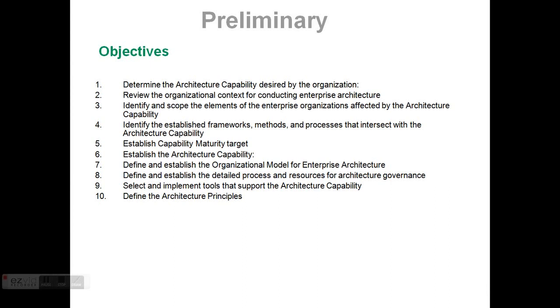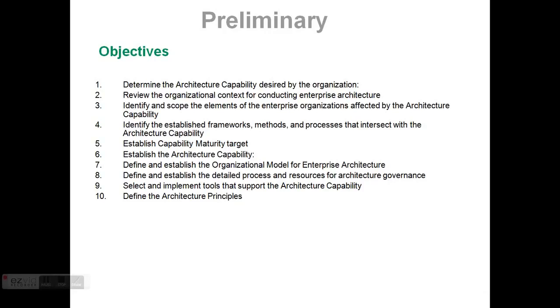The objective of this phase is to determine the architecture capability desired by the organization. So this is the capability that we are going to achieve in this enterprise architecture exercise. Review the organizational context for conducting enterprise architecture. That is what context the organization will be put in, basically what is the business of the organization, and it has to be reviewed and reset if required.